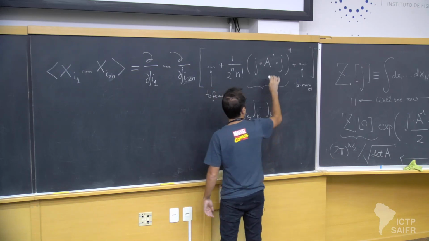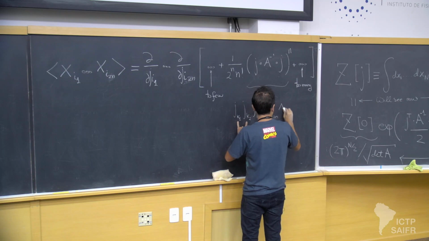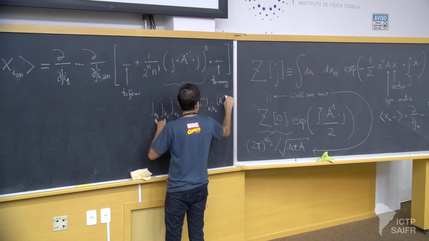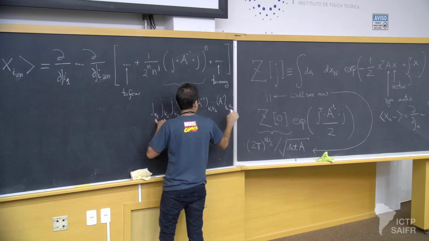And then the indices are contracted: a minus 1 contracted with index k1, k2, and so on, all the way to a minus 1 contracted with indices k2n minus 1, k2n.